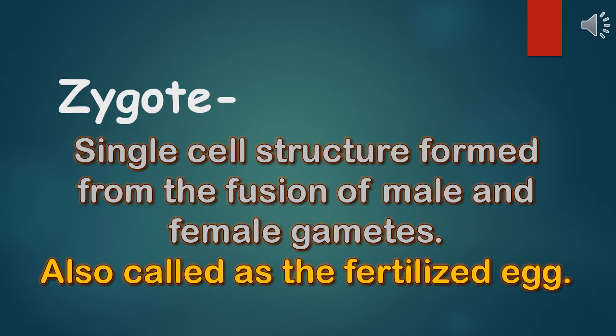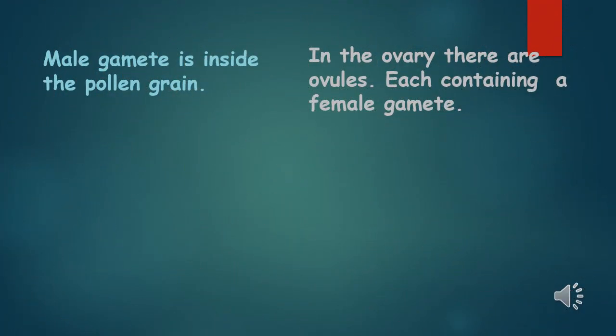Let's move further to understand how it happens, what the steps of it are, and where it is happening inside a plant. My dear children, in plants, male gamete is inside the pollen grain.